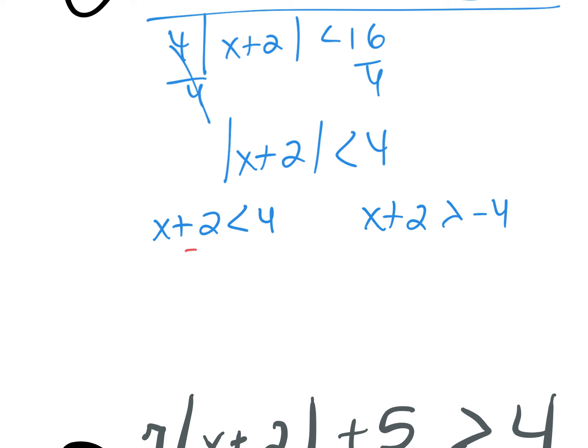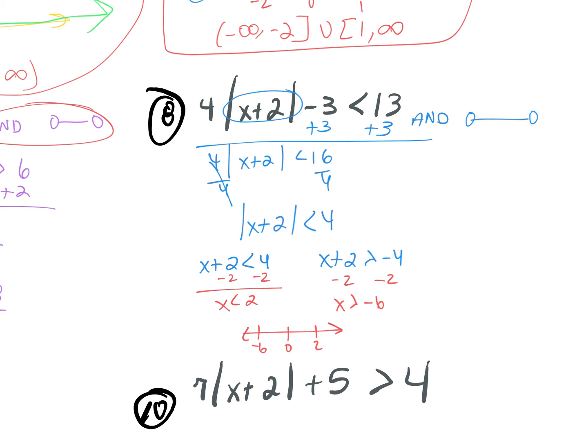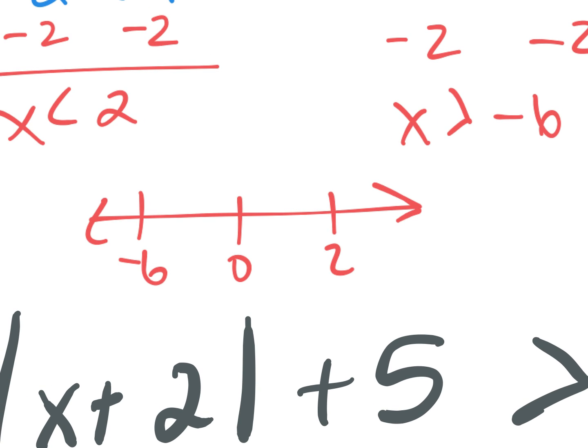So we're going to subtract 2. x is less than 2. We're going to subtract 2. x is greater than -6. So -6, 0, and 2. Would you guys tell me what kind of circles I was going to have? Open, and color where? Okay, so open, open, color in the middle.